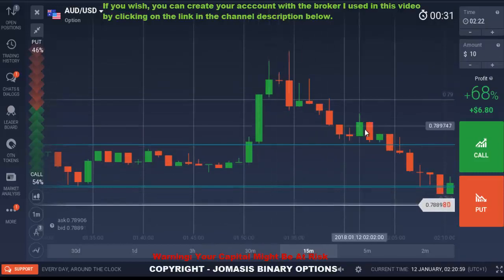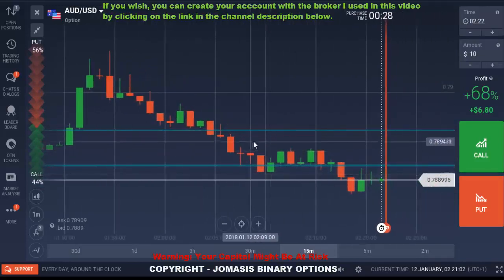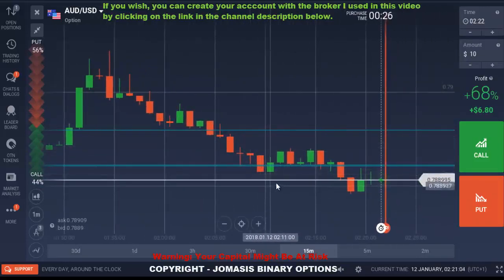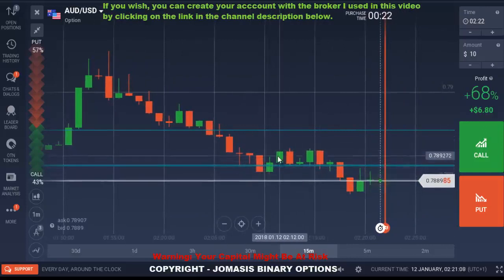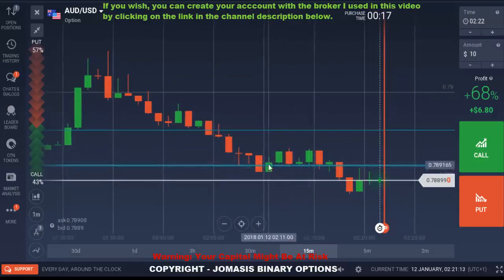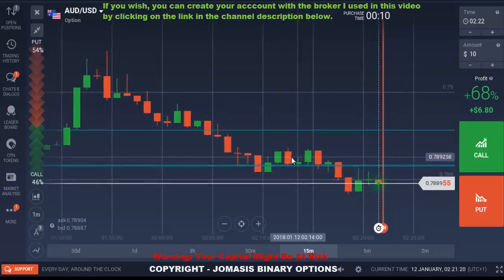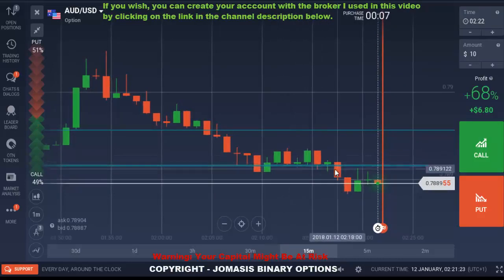It went up, started coming down, and broke this level, then started coming down again. Now when it broke this level, it went back again, but now the market was respecting this support level, as you can see. So these candles are supporting resistance.